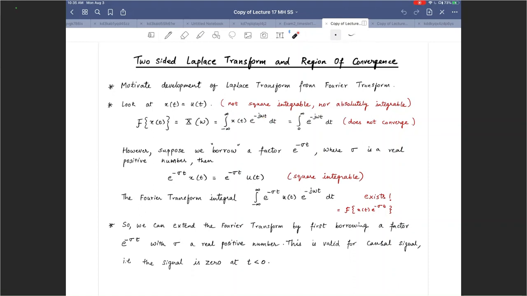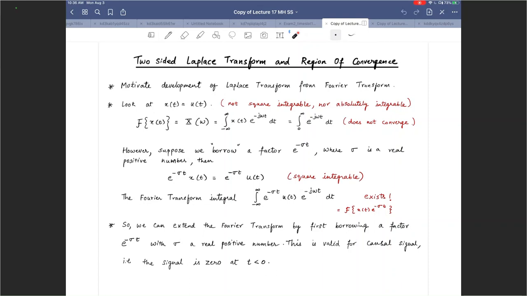Now, if we apply that definition for unit step, u of t is only defined for time greater than 0. So this integration modifies to the integral from 0 to infinity of 1 multiplied by e to the minus j omega t dt. And that is a function that does not converge, because if you integrate that exponential and substitute the limits, you will see that it does not converge. That is going to be infinity.